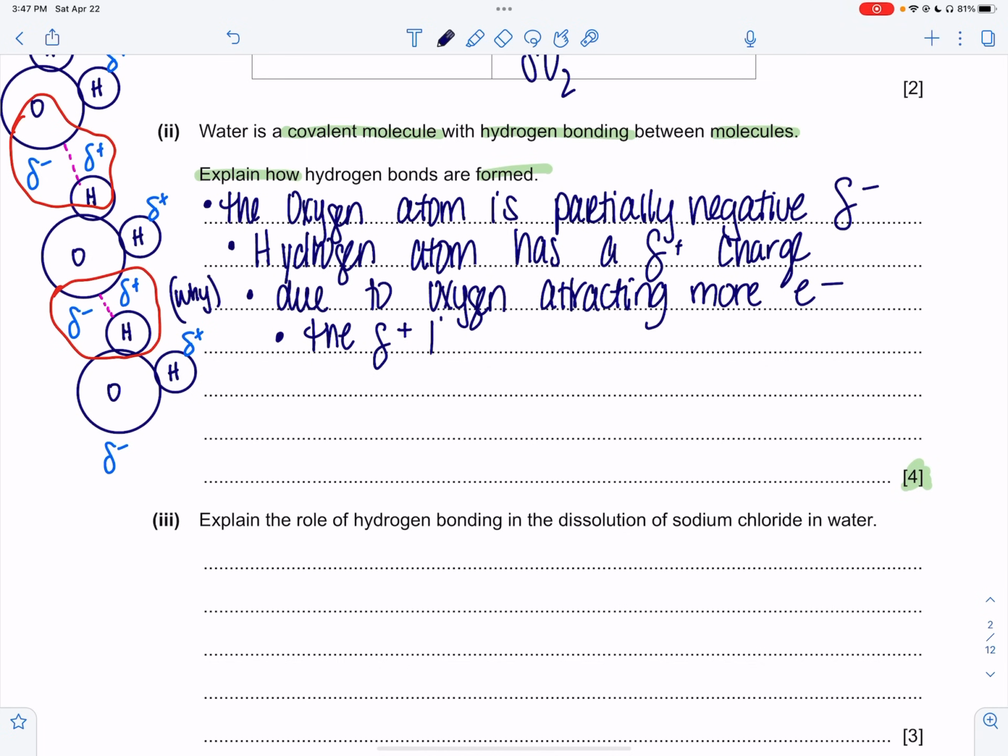The partially positive hydrogen atom, and you can start this either way. You could talk about it with oxygen first or hydrogen first, it doesn't matter.